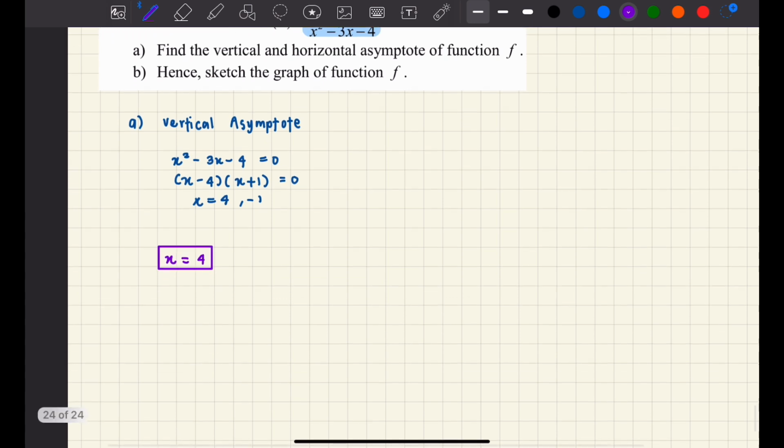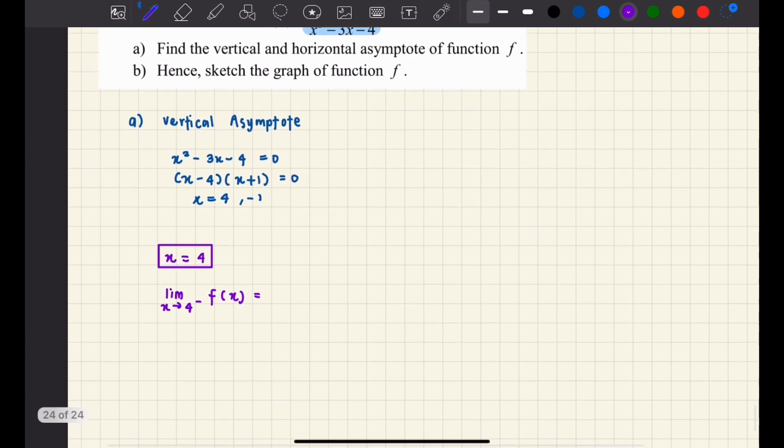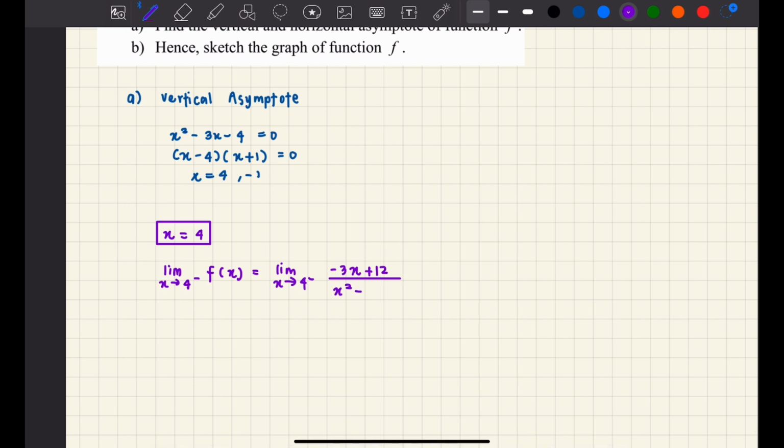Okay, so now let's find the limit from left as well as from the right of x = 4. So limit x approaching 4 from the left, f(x). Okay, so our f(x) is negative 3x plus 12, and then denominator kita is x² - 3x - 4.